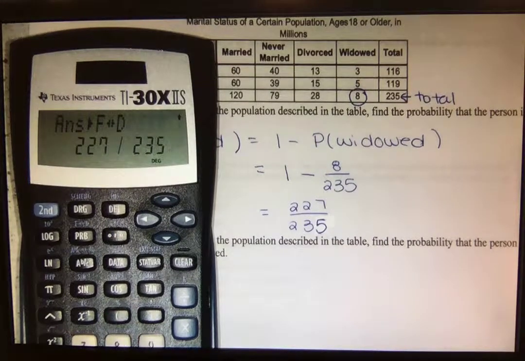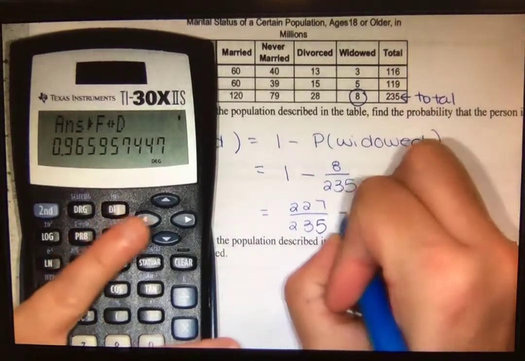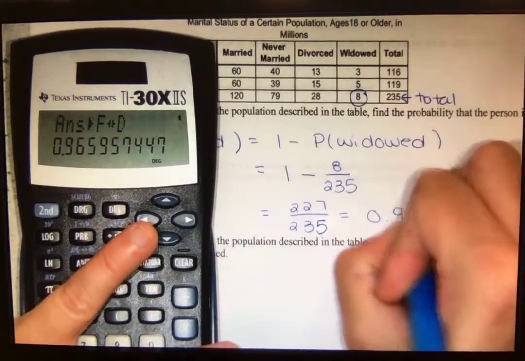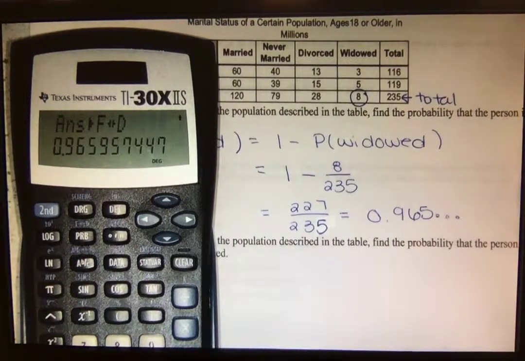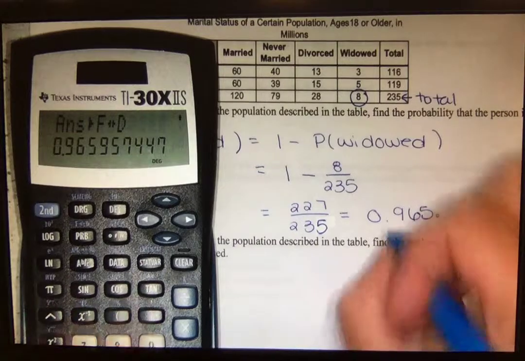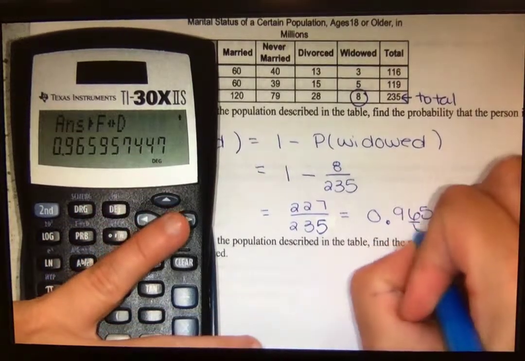So 2 parts. Putting this back as a decimal, we get 0.965, and so on. We want to round to 2 decimal places, so we're looking for 2 numbers after the decimal. We're going to round this 6.